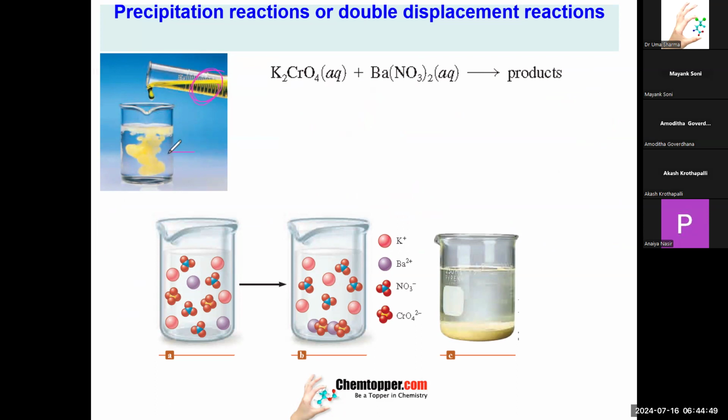This was earlier a clear solution. When you mix these two clear solutions, they are completely soluble before reaction. When you mix them, some solid starts coming out. We call it a precipitation reaction. You're understanding this? Precipitation reaction.